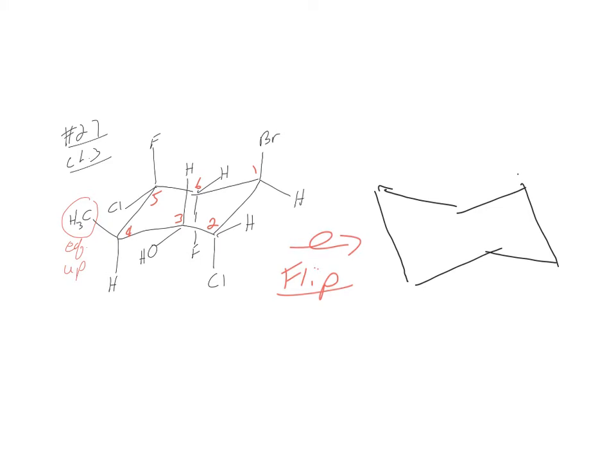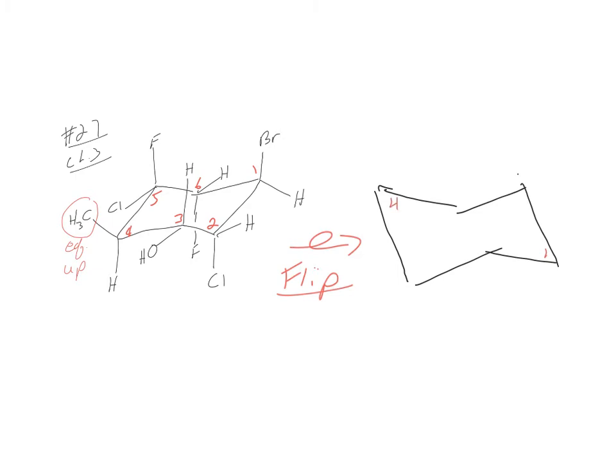So what happens in a ring flip? If you think of this as a chair, this is like the headrest of the chair. It gets pulled down, and at the same time, the footrest gets pulled up. So these are shifting spots. Carbon 1 is now here, and that means carbon 4, in this case, is now here.